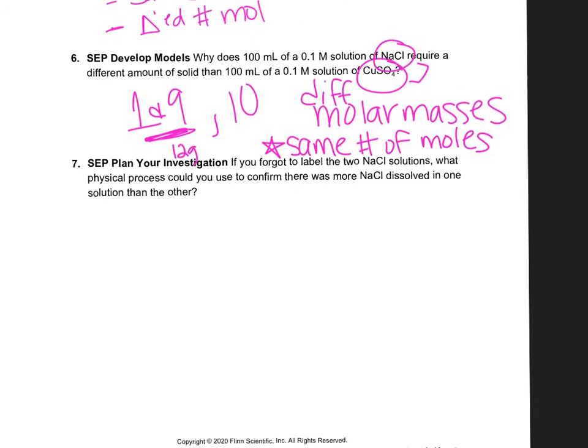And then finally, number 7: if you forgot to label the two sodium chloride solutions, what physical process could you use to confirm there was more sodium chloride dissolved in one solution than the other? For this one, I want you to think back to the very beginning of the year, our separation of matter lab, where you had the iron filings and the sand and the salt, and I wanted you to get them into 3 piles, right?